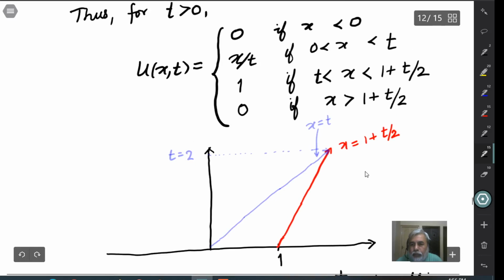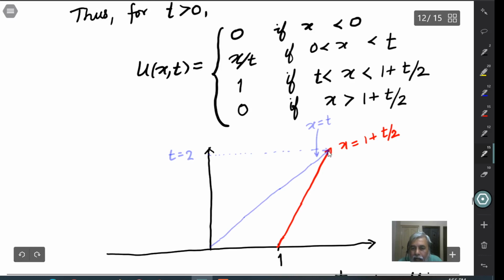So if you consider this shock line, in this case it's a straight line, so that is x equal to 1 plus t by 2, and this characteristic x equal to t coming from the rarefaction region, they two intersect at t equal to 2.